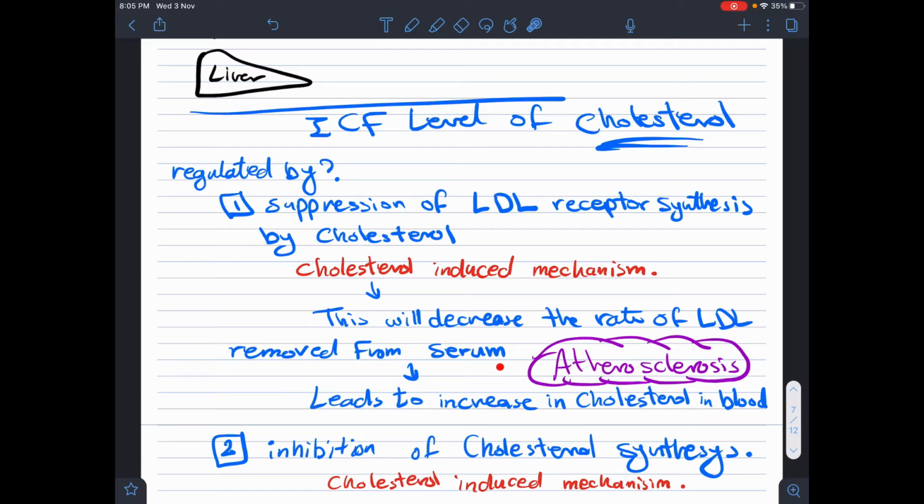So with decreased LDL removal, we're going to have a lot of cholesterol because it's not removed by the receptors, leading to atherosclerosis. We don't have enough receptors to recognize this cholesterol and move it elsewhere, so it's stuck in the blood, causing atherosclerosis. So this is the first mechanism caused by cholesterol.